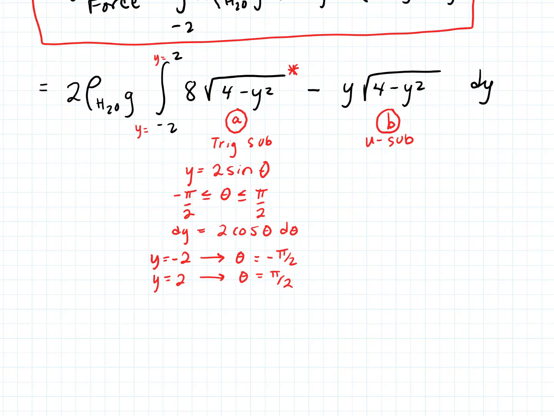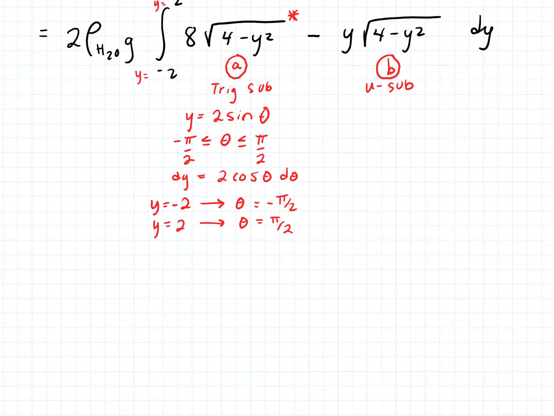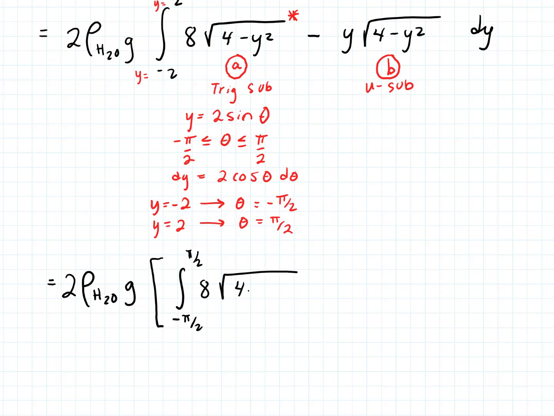You can see a full trig sub here, and we'll set up what the next line would be. So this would be 2 times density of water times gravity, and now we're actually going to have 2 different integrals. This is the integral from negative pi over 2 to pi over 2 of 8 times the square root of 4 minus 4 sine squared of theta, times our dy, which is 2 cosine of theta d theta.